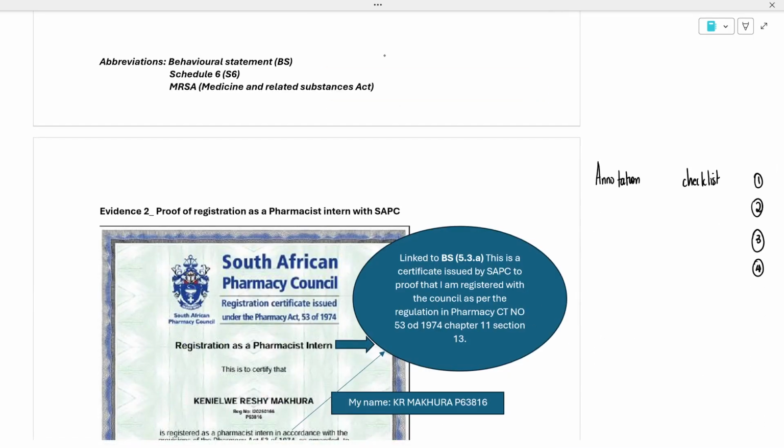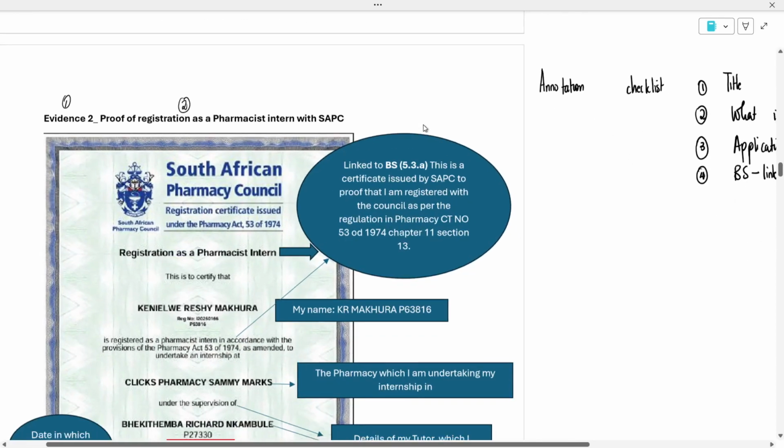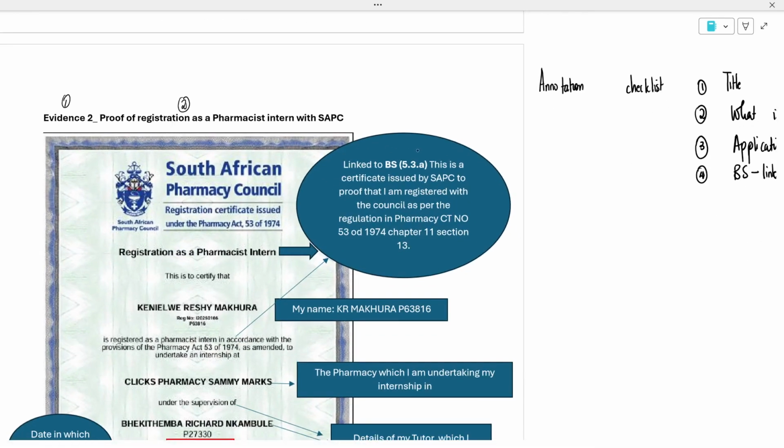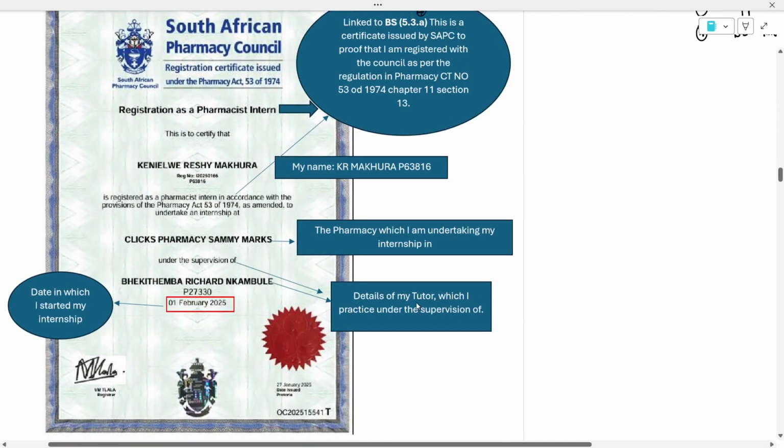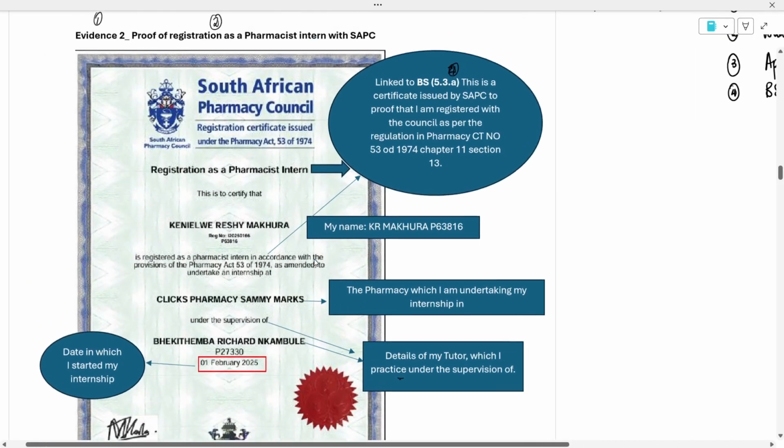And then here, the checklist, LS2, proof of registration, what it shows. And then you're linking with a specific behavioral statement. And I think this is application. This is the application that you then apply.